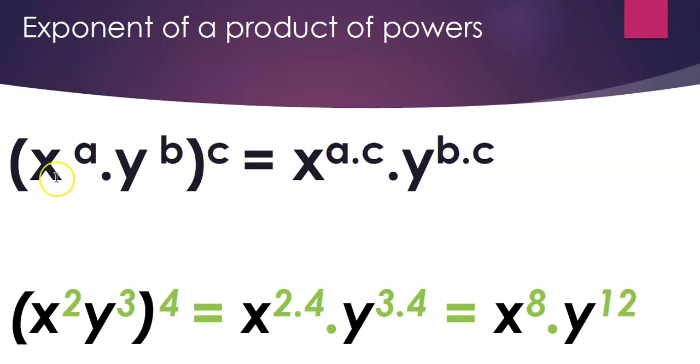And so the way to tackle it is x raised to the power a times c times y raised to the power b times c. So for instance, if you have x squared times y cubed the whole raised to 4, it is simplified as x raised to 2 times 4 times y raised to 3 times 4, which is x raised to the power 8 times y to the power 12.